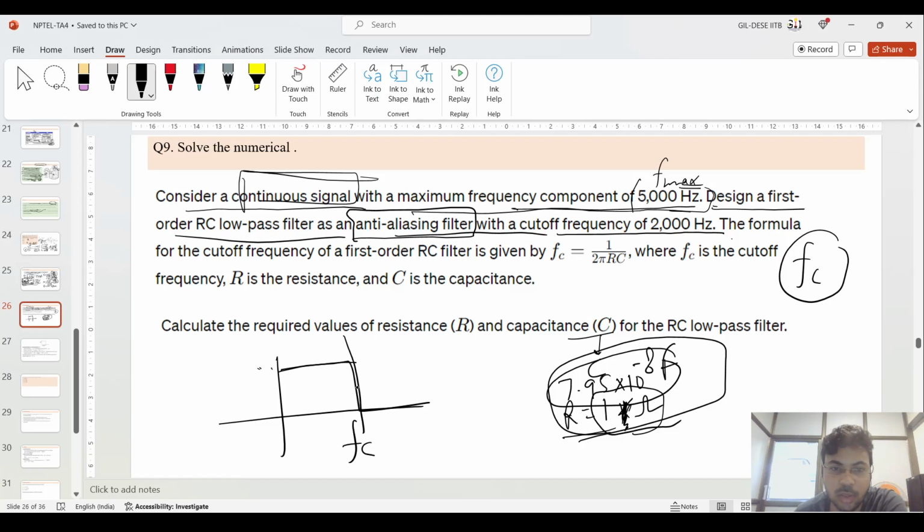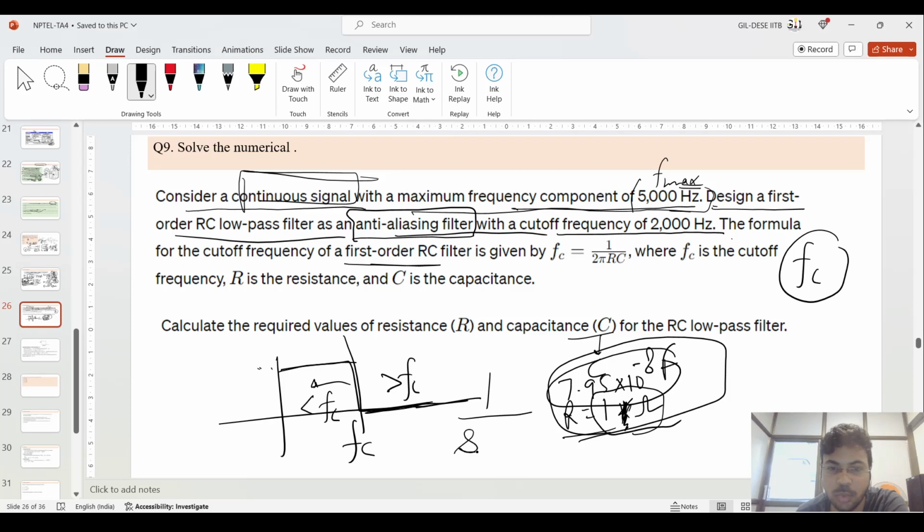Suppose this is the low pass filter. This is the basic criterion: if it has a cutoff frequency, then this filter will pass the frequencies lower than Fc. If the frequency is greater, it will provide low gain. Low gain means it will drop down and not allow the signal to pass.